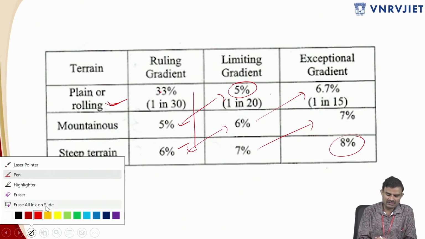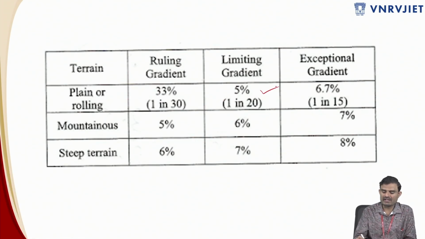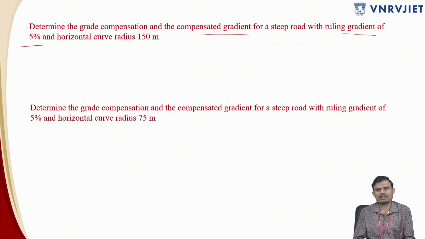Or it might be a mountainous terrain where they provided a ruling gradient. So you are going to have 5%, and either way that same value has become the limiting gradient for plain terrain. So it might be any of the cases, but we are not bothered about which case it is, we are just required to calculate the compensated gradient.